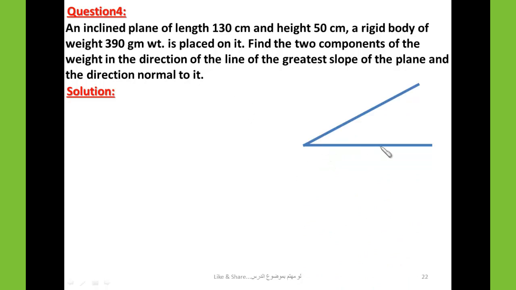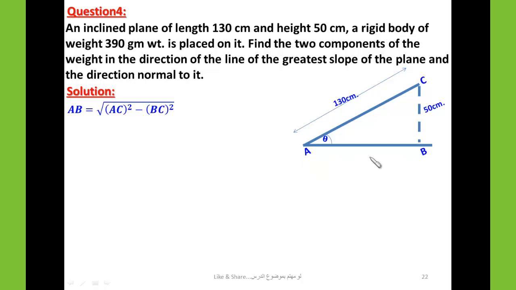We have a horizontal and the inclined plane of length 130 centimeters, and the height of this plane equals 50 centimeters, and this plane is inclined to the horizontal with an angle of measure theta. We don't know the measure of this angle, the inclination measure. We consider this triangle ABC, and first we calculate the length of AB.